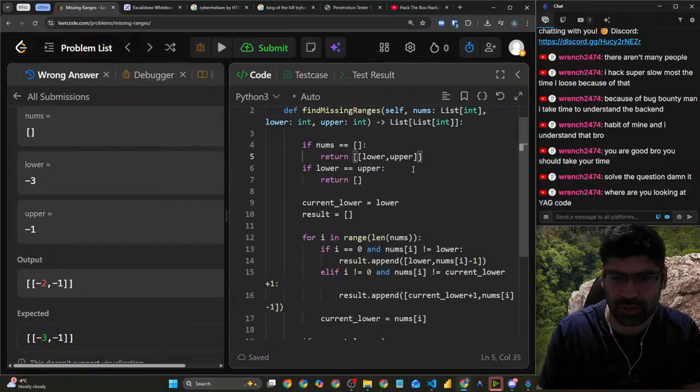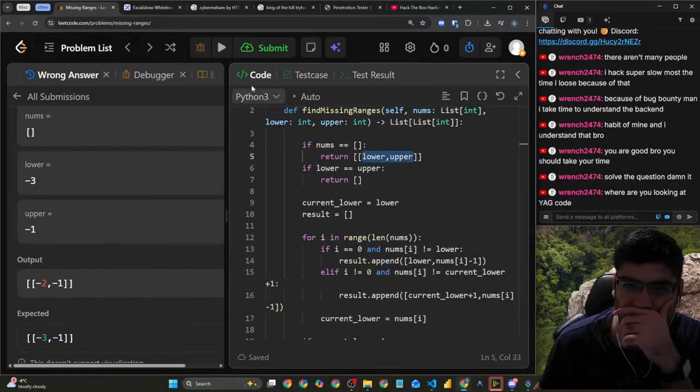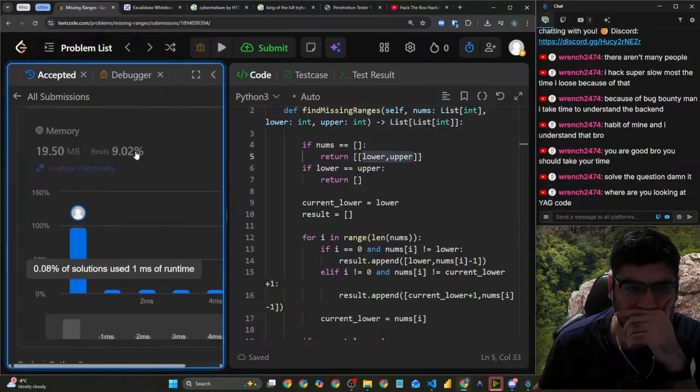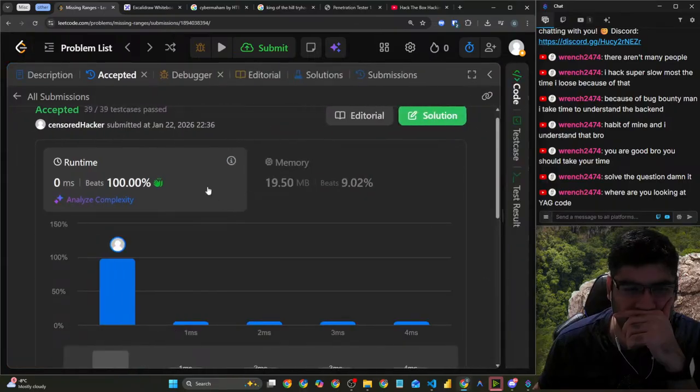This should be the edge case. If this is the right way. Yeah. Beats 100%.